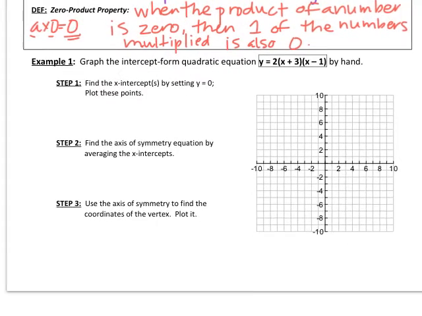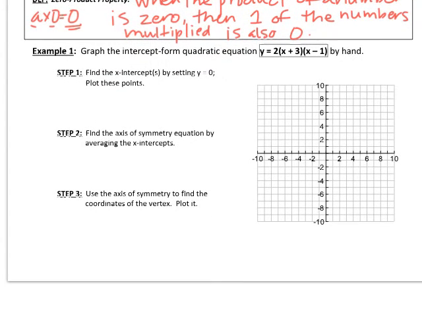All right, let's take a look at our first example. You'll notice there's a new form for our function. It's still a quadratic equation, but first of all, we're just going to take the information that we have and find the x-intercepts. That's going to get us two points on our curve. So we're going to make y 0. We're going to plug 0 into our factored form of the quadratic.